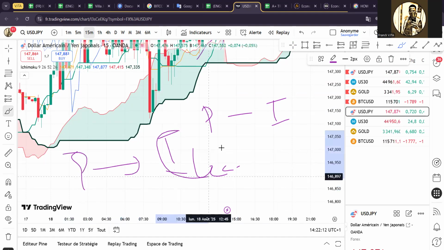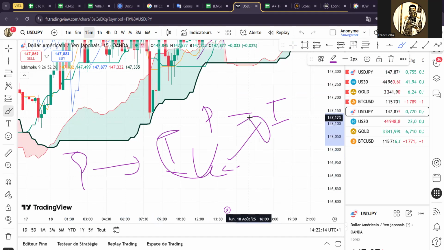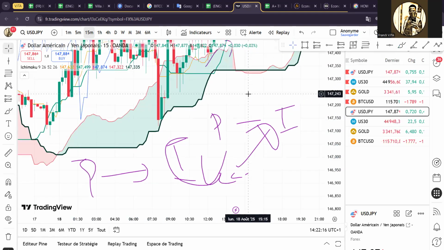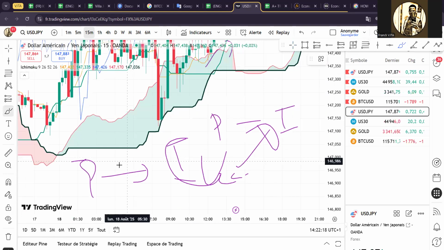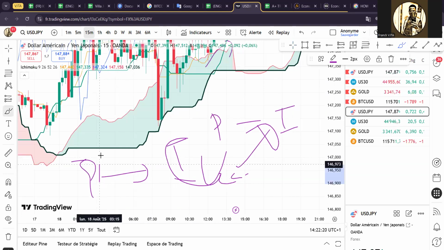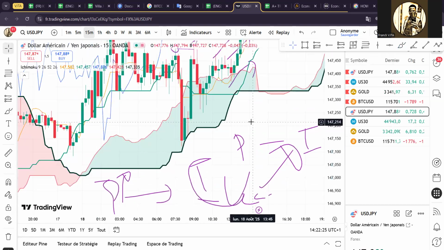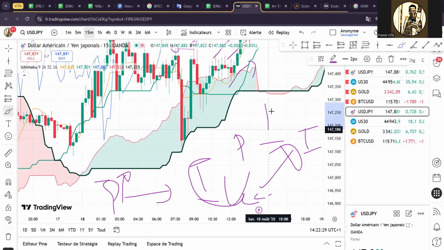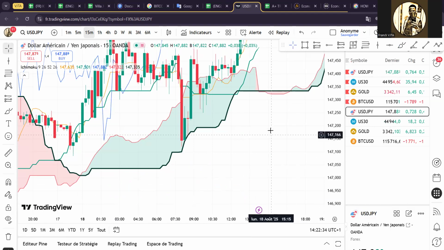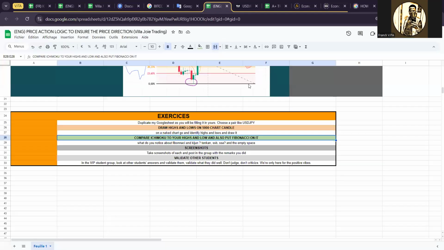So if Ishimoku says in 1 hour that we are going to the upside already, just look at the 15 minute price indication that it is the right moment now. Don't put price break of high or low above Ishimoku, never. Ishimoku is your soulmate, the king, the Holy Spirit of your trading.